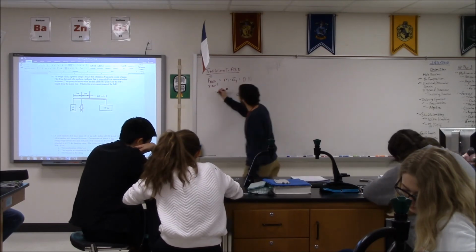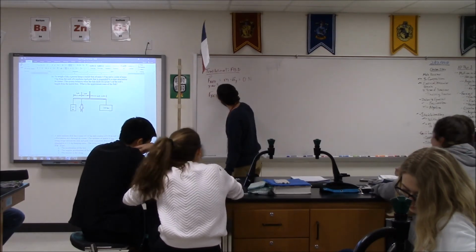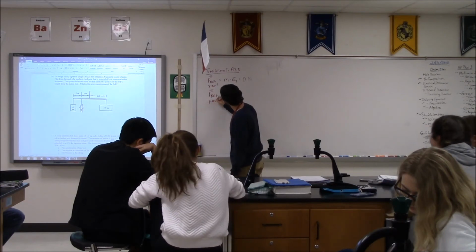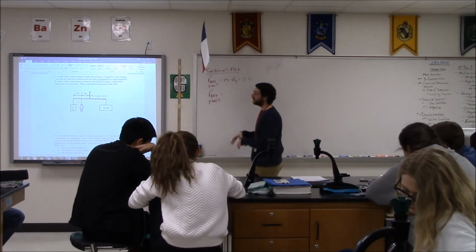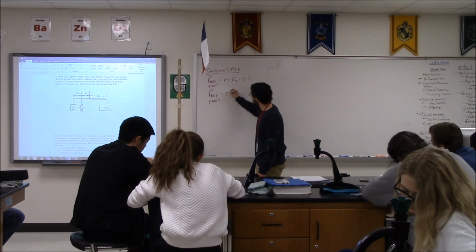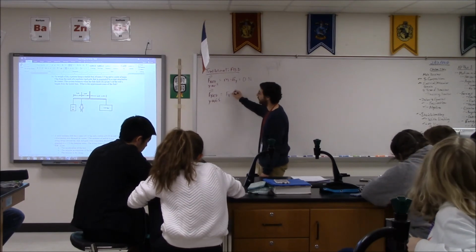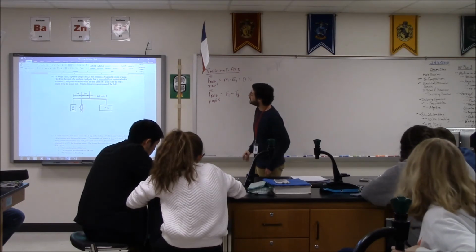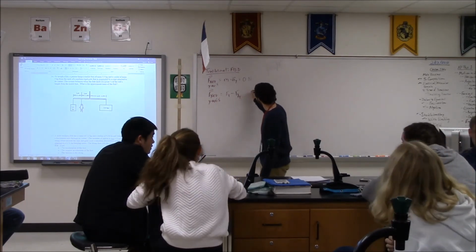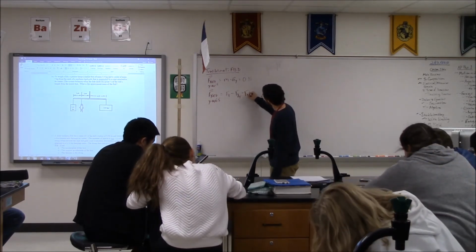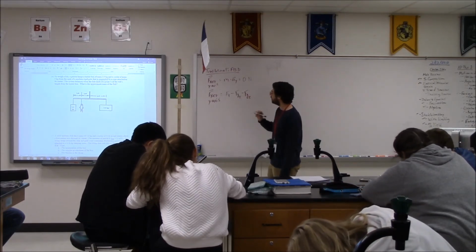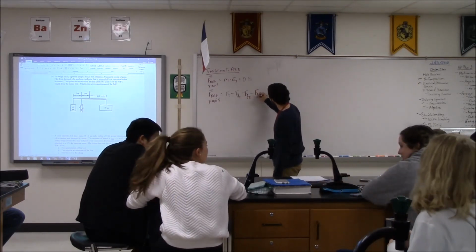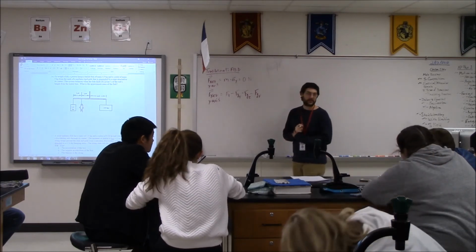Alright. F net in the y-axis is equal to the sum of all the forces in the y-axis, so that's going to be the tension force from the rope minus the force of gravity because of the tackle box, minus the force of gravity because of the cooler, minus the force of gravity because of the fish.